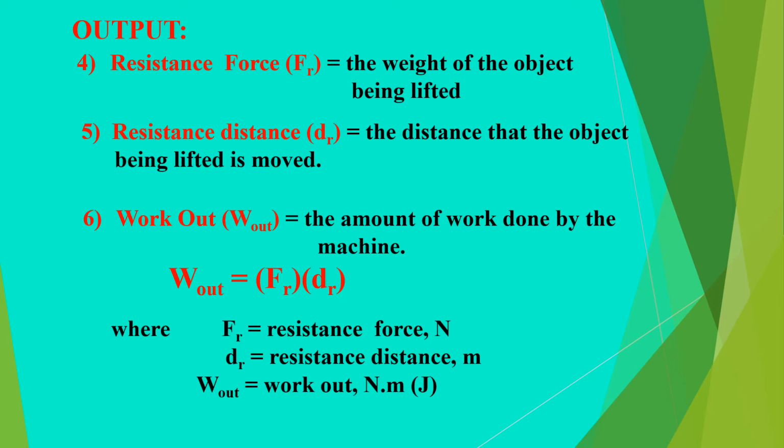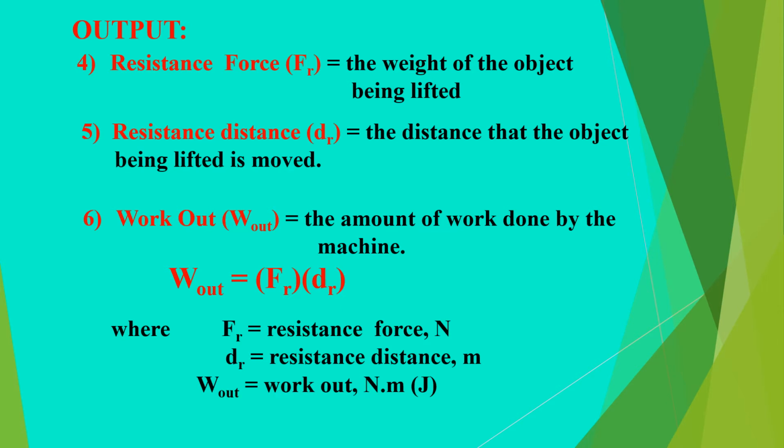Work out, W_OUT, equals the amount of work done by the machine. The formula is W_OUT equals F_R times D_R, where F_R equals the resistance force in newtons, D_R is the resistance distance in meters, and W_OUT equals work out in newton meters or joules.